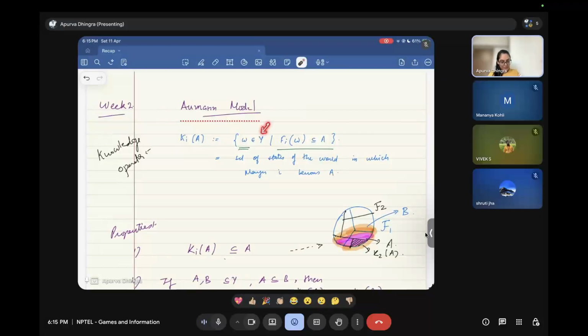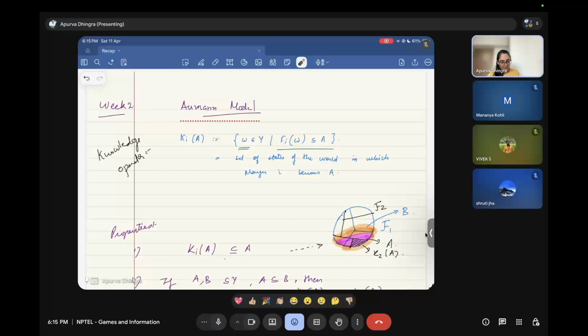This Y refers to the set of all the states, so all the states of the world. This Fi of w refers to, for some state of the world w, what exact partition it is in. So all the ones that player i cannot distinguish between, all of them grouped together, form Fi of w.